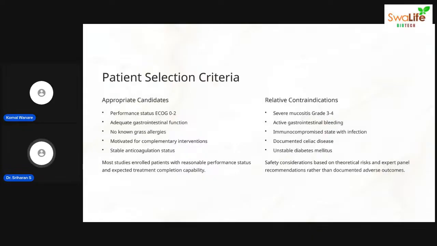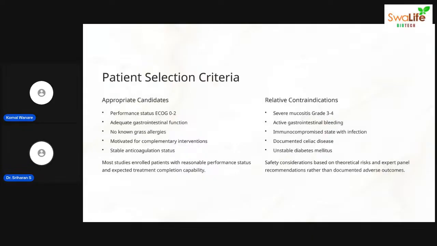So what are the contraindications? This is a very important thing. Patients with severe mucositis, grade 3 to 4, should be avoided. Why? Because young wheatgrass has gluten activity; gluten is one of its components and has high activity, so it will affect the patient. Another one is unstable diabetes.